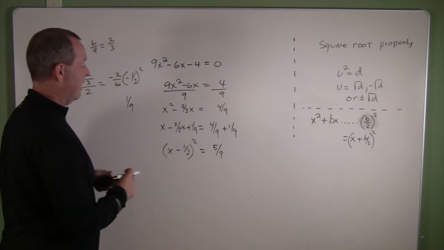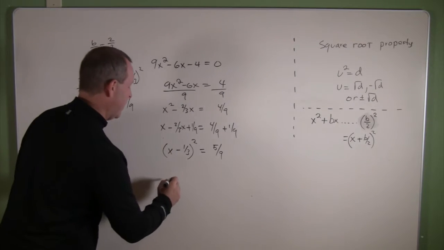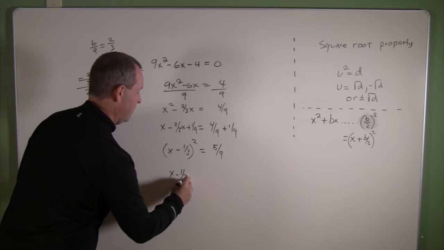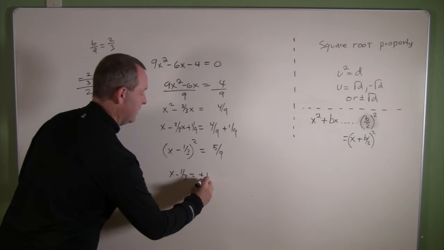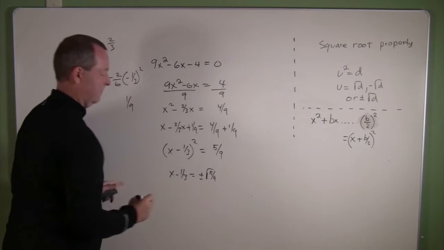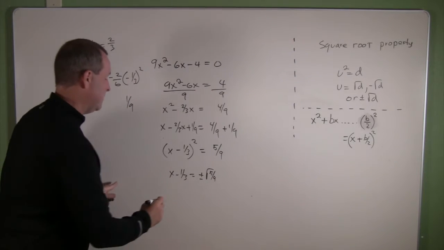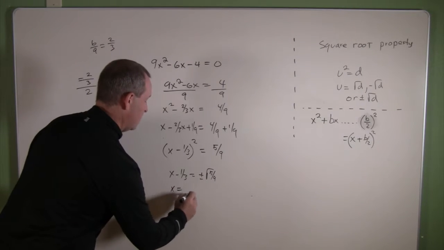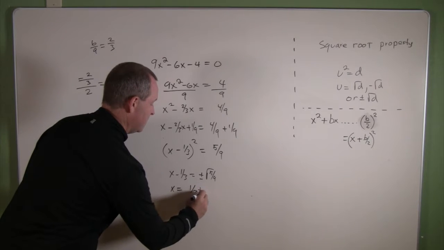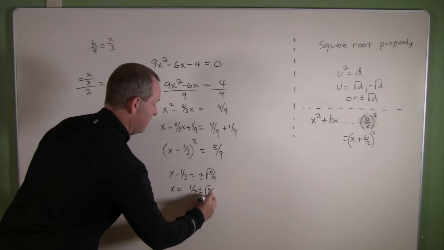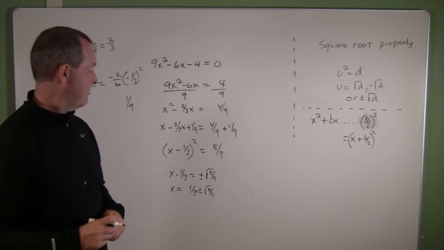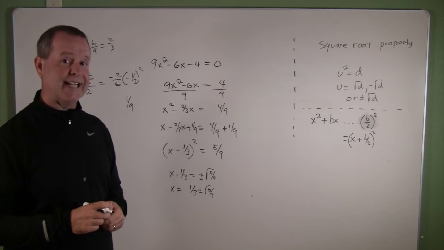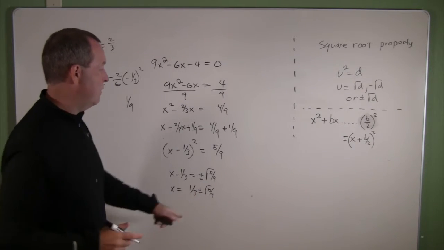All right, now I can square root both sides. X minus 1/3 equals plus or minus the square root of 5/9. Add the 1/3 to both sides. X equals 1/3 plus or minus the square root of 5/9. And I'm technically not done yet because of this root 5/9.